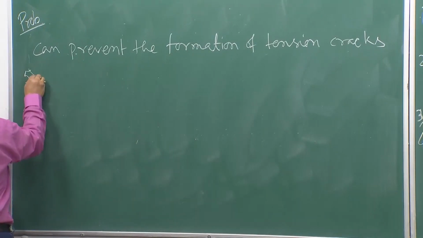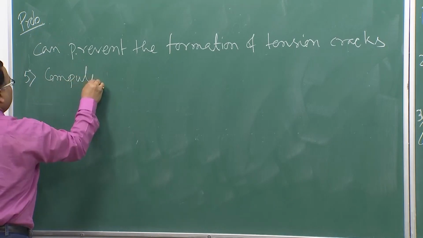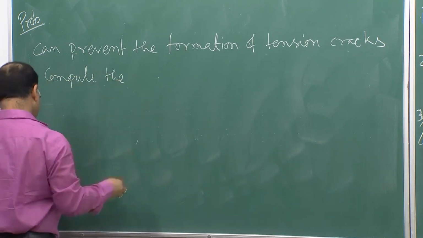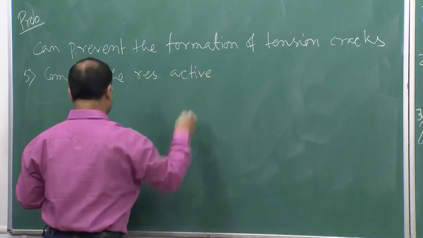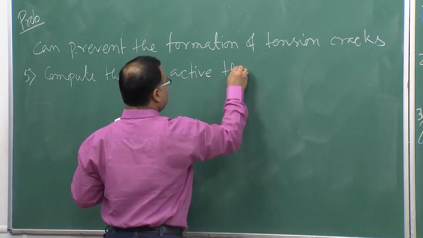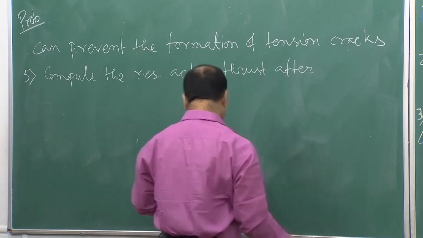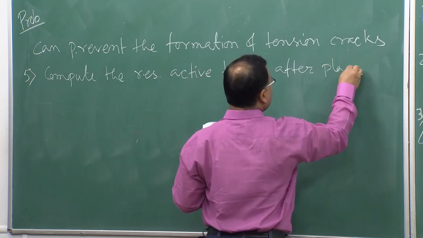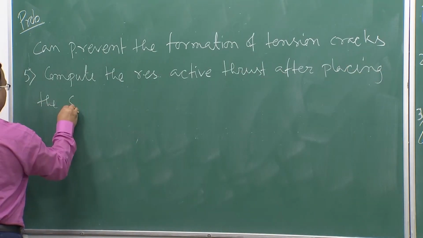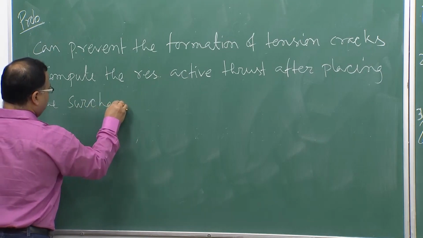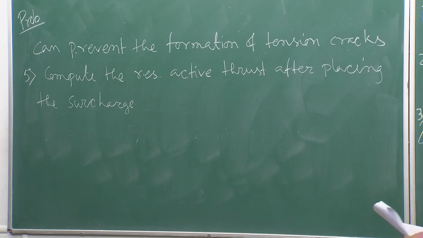And number 5 is compute the resultant active thrust after placing the surcharge. Okay. So, this is your problem.